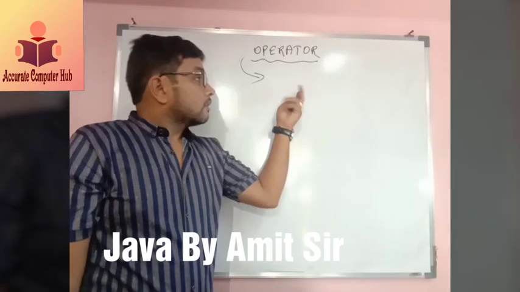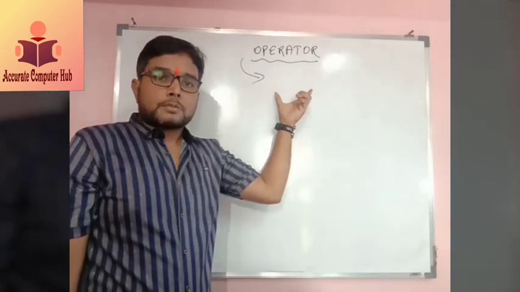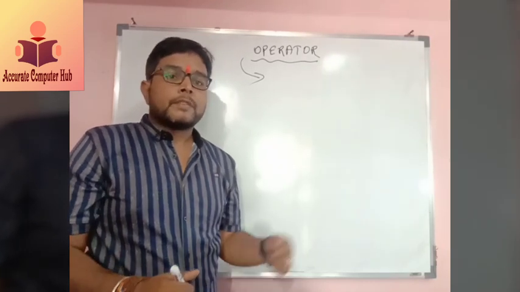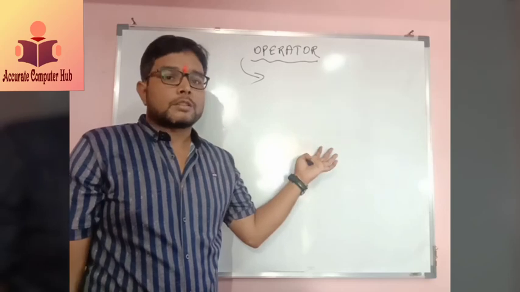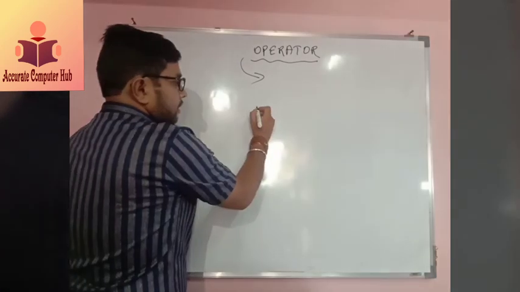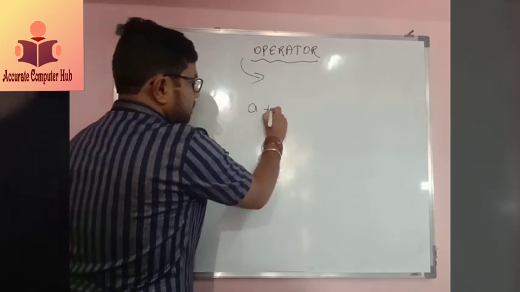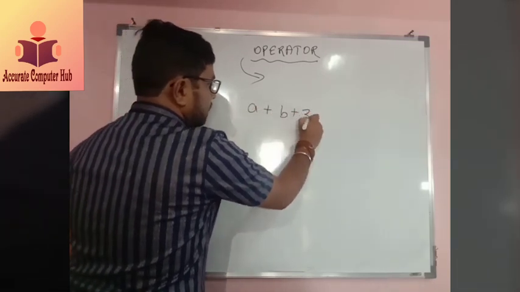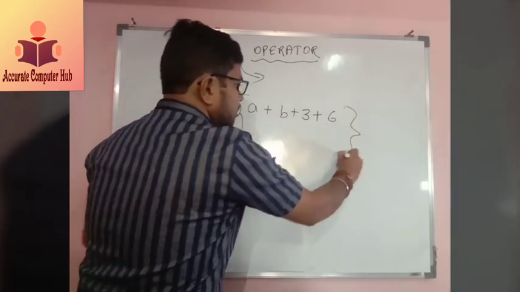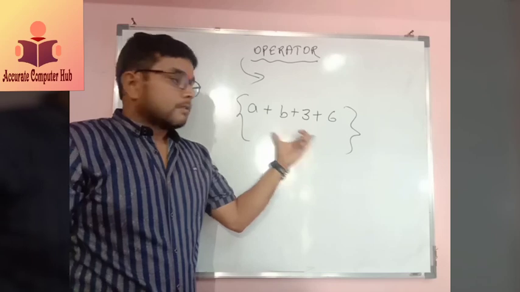To learn about the expression, go to my last video on data types, where we discussed the expression and the statement. So what is an expression? If I write a plus b plus 3 plus 6, this is an expression.